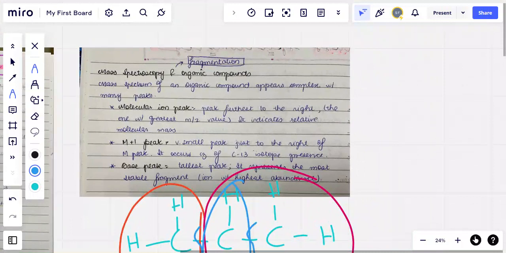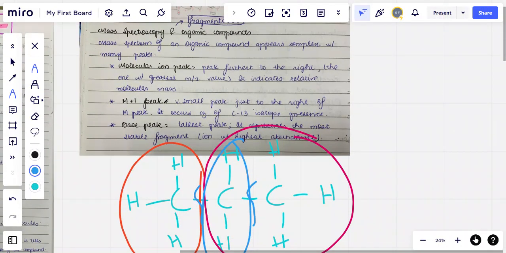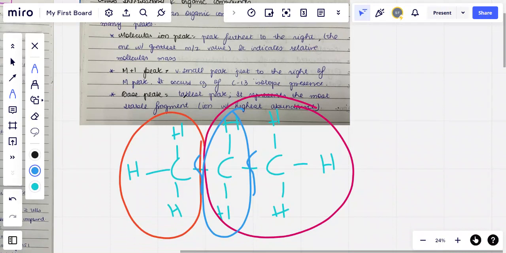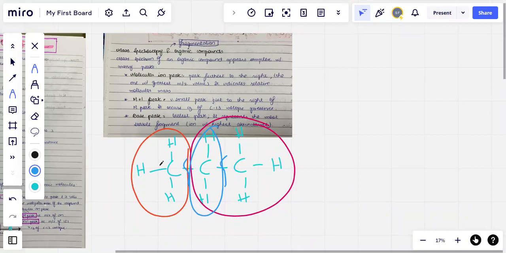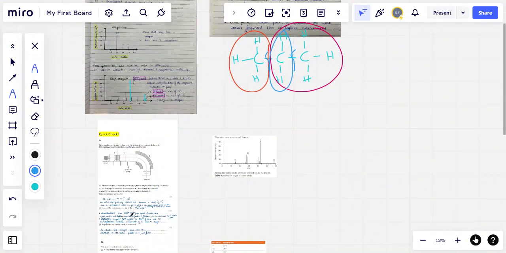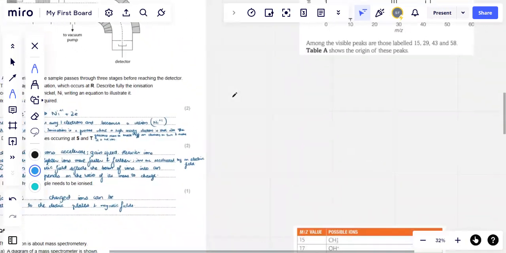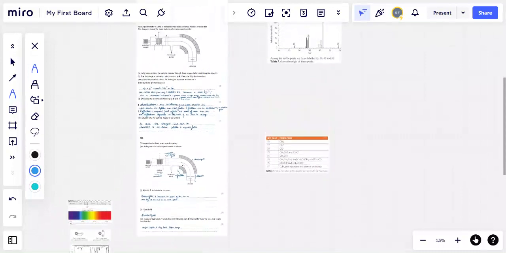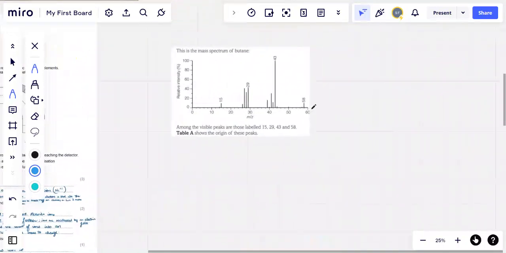The molecular ion peak will be furthest to the right, and it will indicate relative molecular mass. Then you have the M plus 1 peak, because of the carbon 13 isotope, and then the base peak is basically the tallest peak, and it will represent the most stable fragment, or you can say the ion which has the highest abundance.